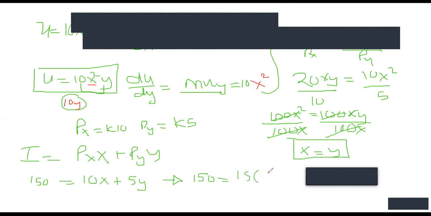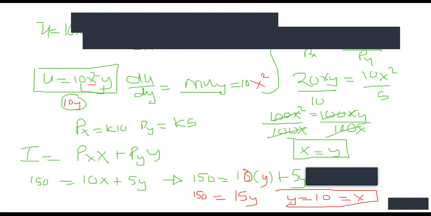So 150 is equal to 10y plus 5y, we're going to get 15y. So when we divide both sides, our y is equal to 150 divided by 15, which is equal to 10. Since x is equal to y, this 10 is the same value for the x and for the y.